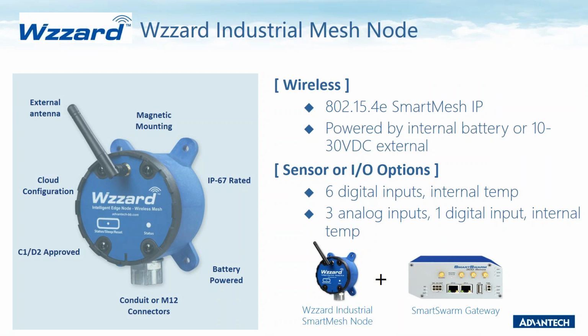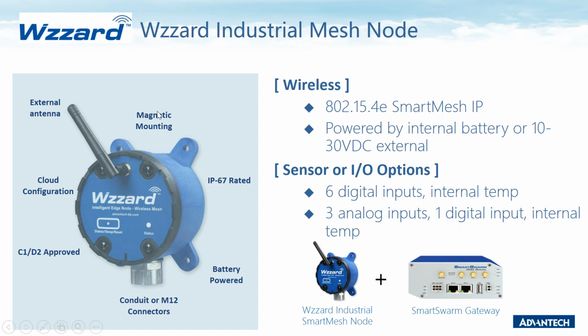Don't worry. First of all, Wzzard Mesh, as I showed earlier in that comparison table, is a low power and meshing technology that is great. It's based on SmartMesh IP, on this 802.15.4 standard. Battery powered or external powered, several different interface options, but really rugged enclosure.